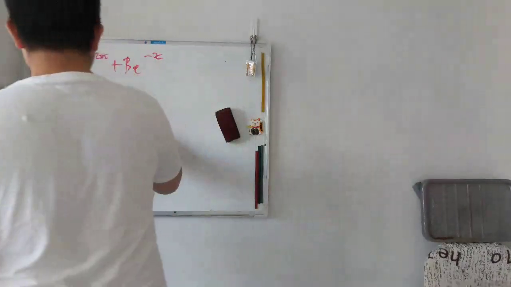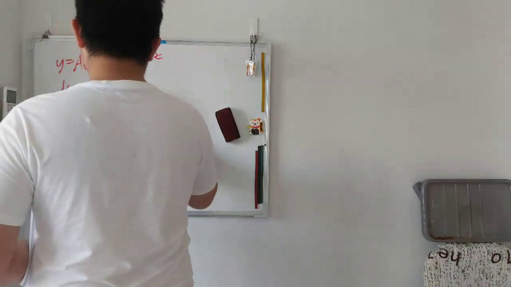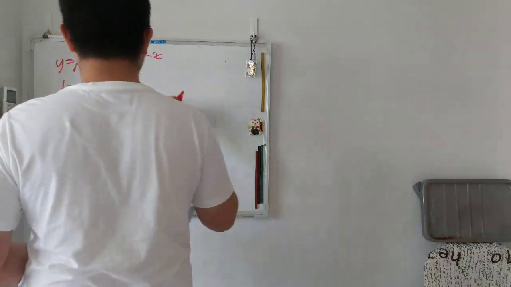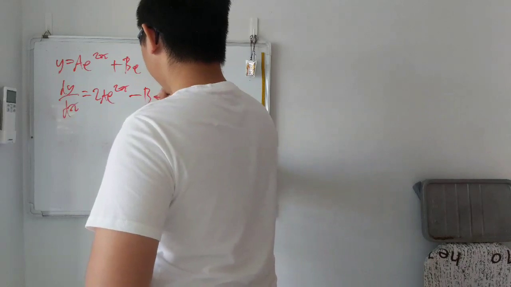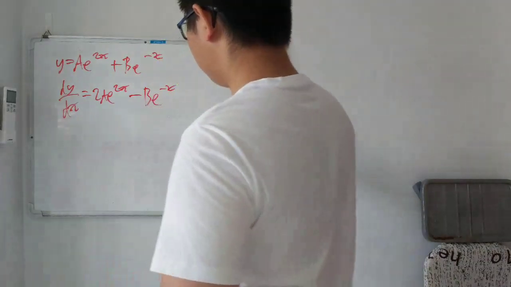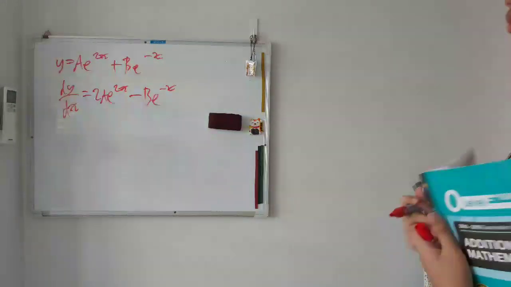So this will be 2a e^(2x) plus, this is a minus however, so we might as well write a minus, b e to the power of negative x. So this is our dy/dx. Correct?